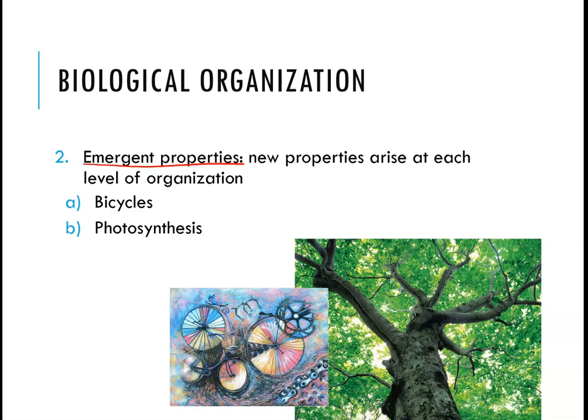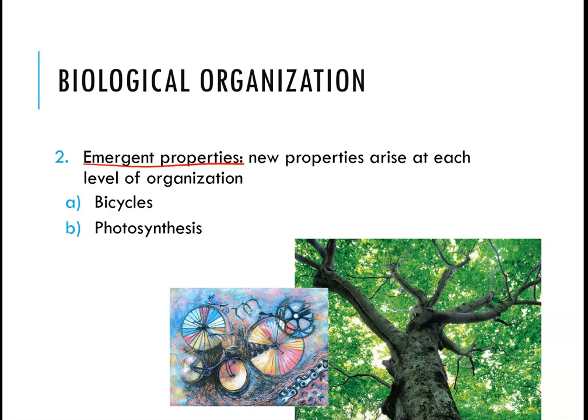So if you just have a pile of chlorophyll molecules, or you wouldn't have a pile, you might have a solution of it sitting in a beaker on your desk, it's not going to do too much. But when you have them in the right configuration, they'll actually absorb energy. And when you get them in the proper organization in a cell, you get these chemical reactions that are powering all life on Earth.